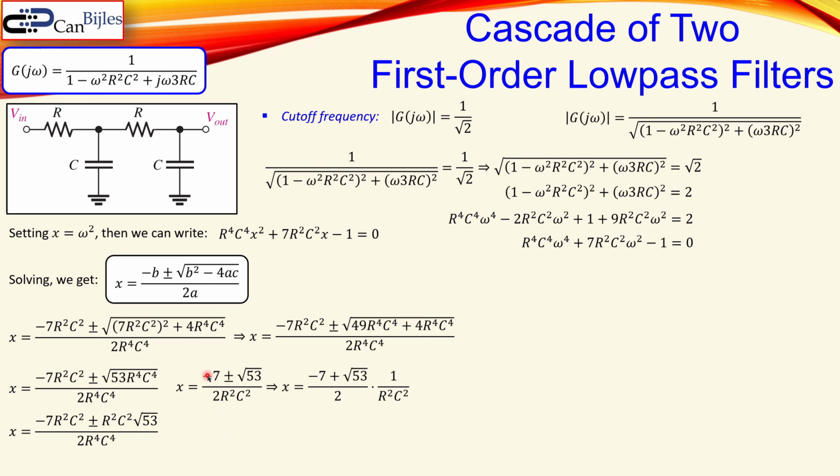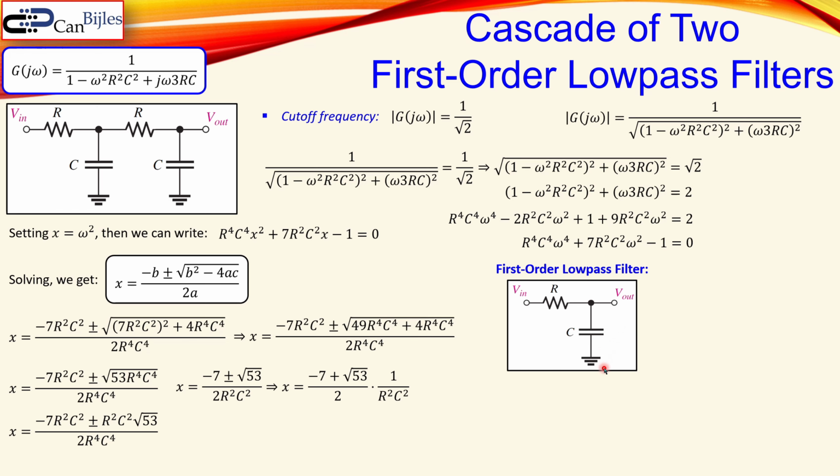So we can have this factor, this scaling here, and I saw also 1 over R squared C squared. Now if I want to go to my omega, I will first look at the first order low pass filter. This low pass filter I see here, I know that the cutoff frequency was given by this, so I just call it omega c1, just to emphasize this is the first order low pass filter.